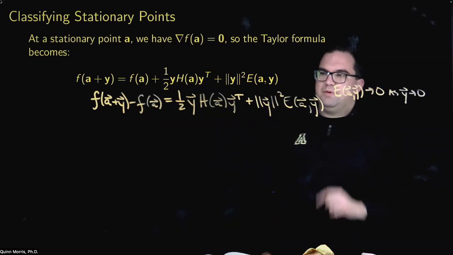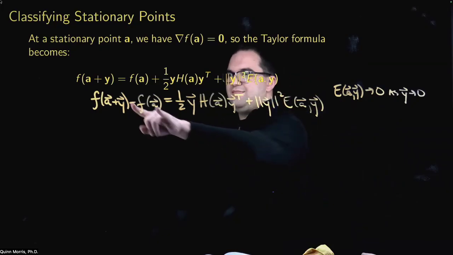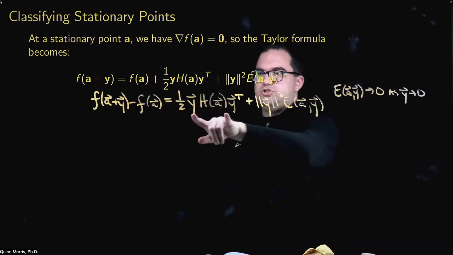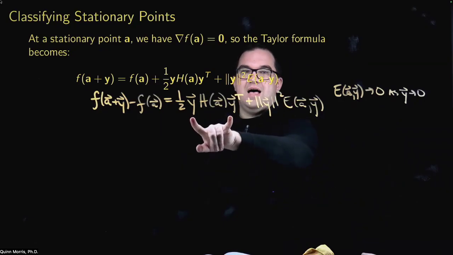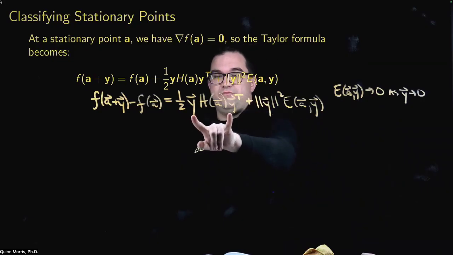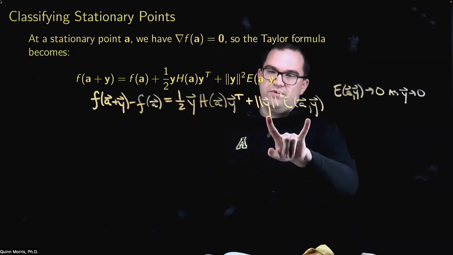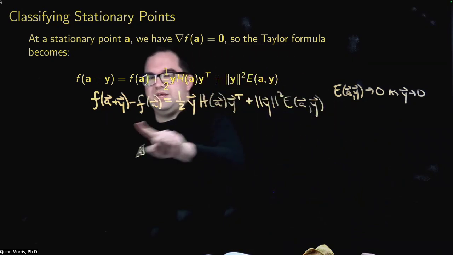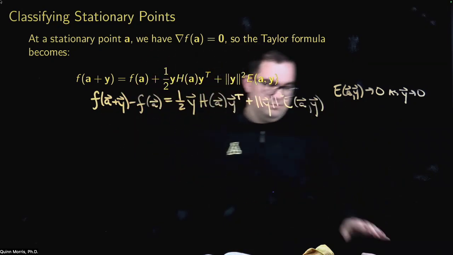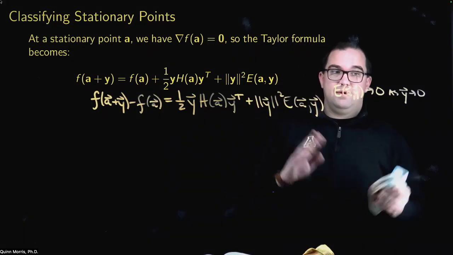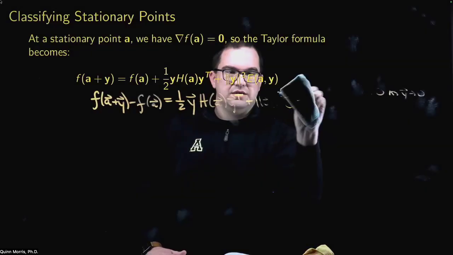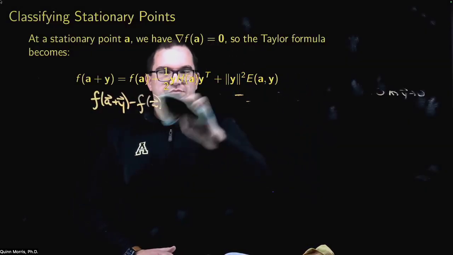So it leads me to believe that I could understand this difference for small y just by understanding the sign of this term. Okay, so the idea is if we understand the sign of this term, hopefully we can make sense of the sign of this whole thing, which will then tell us something about the sign of this. Now, there's still work to be done there, but let's see if we can work with that idea. That's the train of thought we want to follow through.